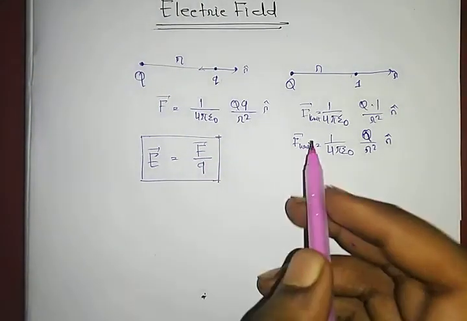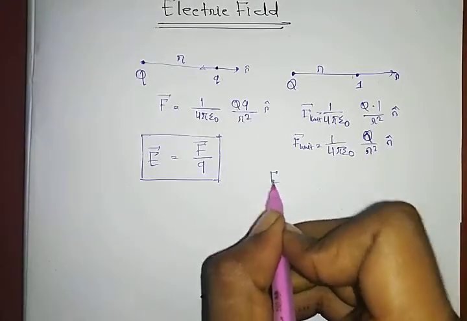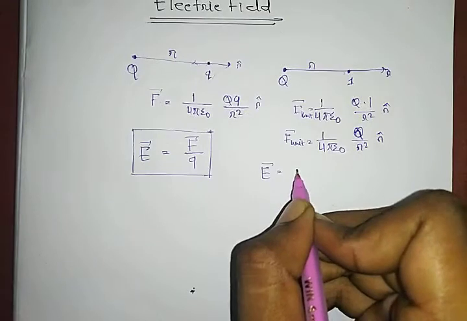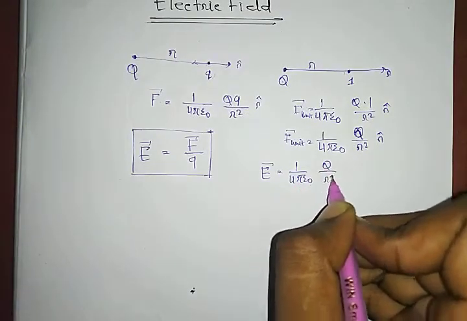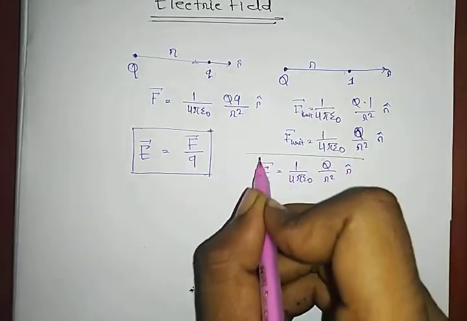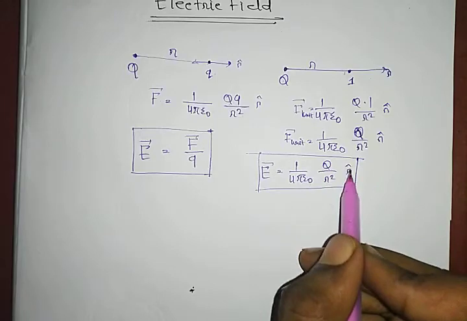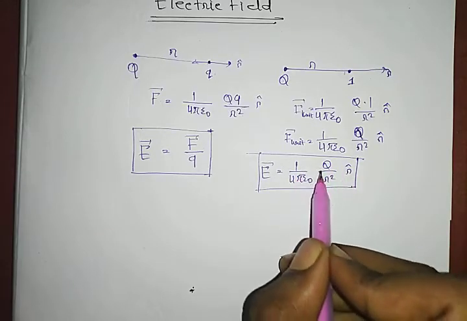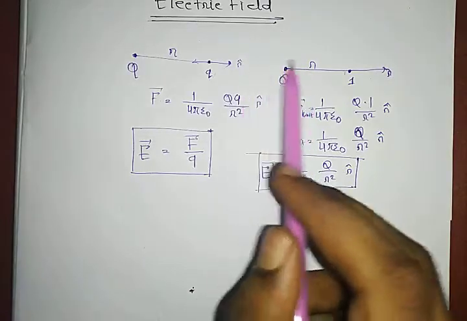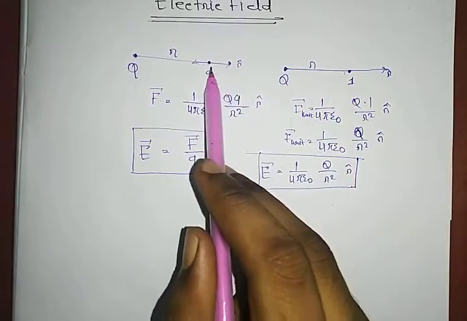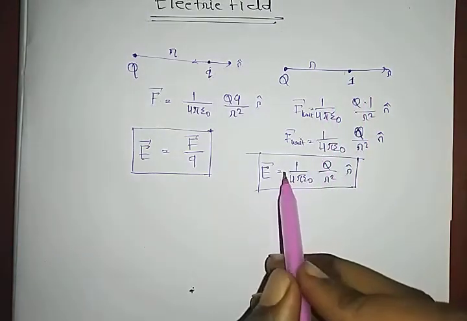Now you can see this is the expression of electric field for the charge Q at a distance r. This quantity here is not exactly the electric field. Electric field is the property due to which a charge gets attracted to this one or gets repelled from this one.